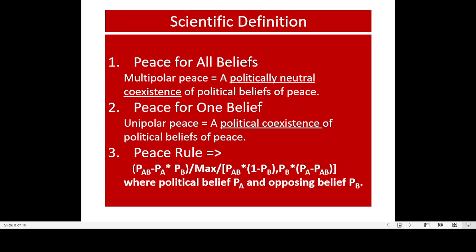Second, we also define what is peace for one belief. Basically, it's the opposite of peace, defined as unipolar peace, which is really unipolar politics. Politics is the opposite of peace and equals a political coexistence of political beliefs of peace.